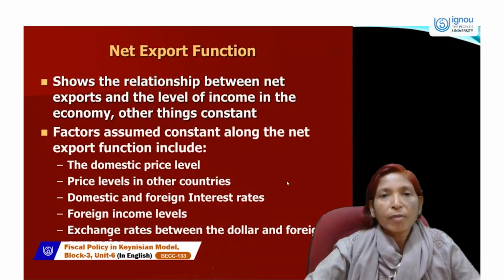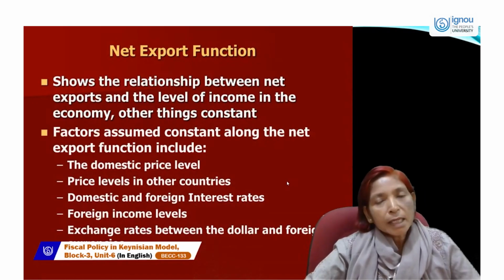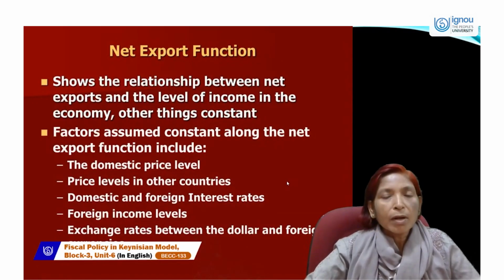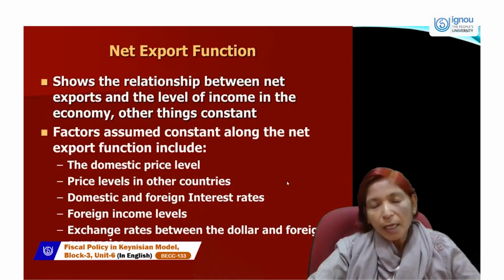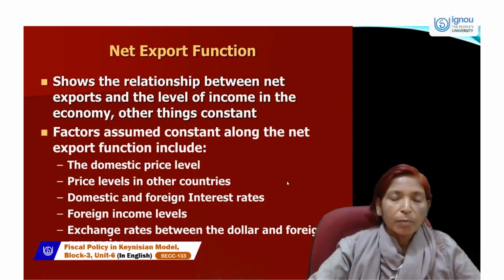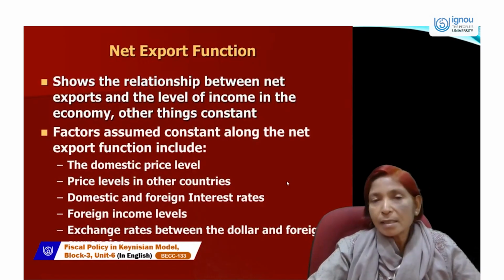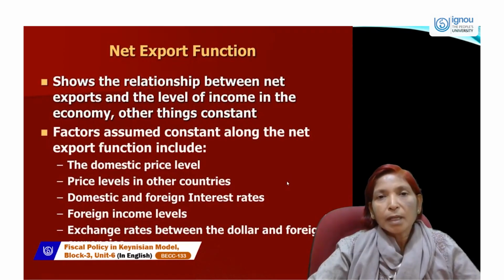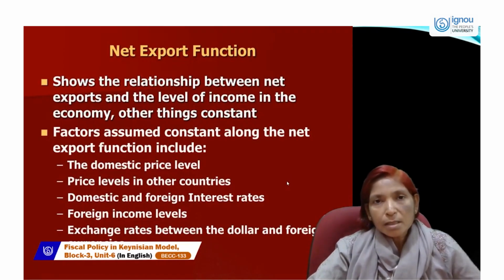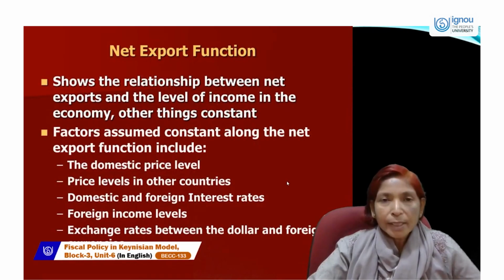So the net export function shows the relationship between net exports and the level of income. Generally, there is a negative or inverse relationship between the level of income and net exports, because as income rises, our imports also rise. But we assume that exports are autonomous, always constant.